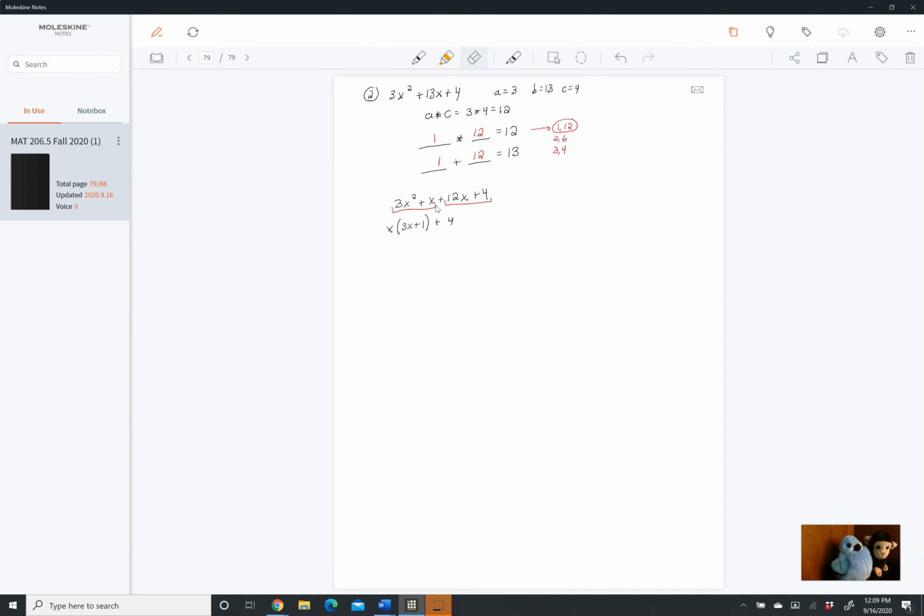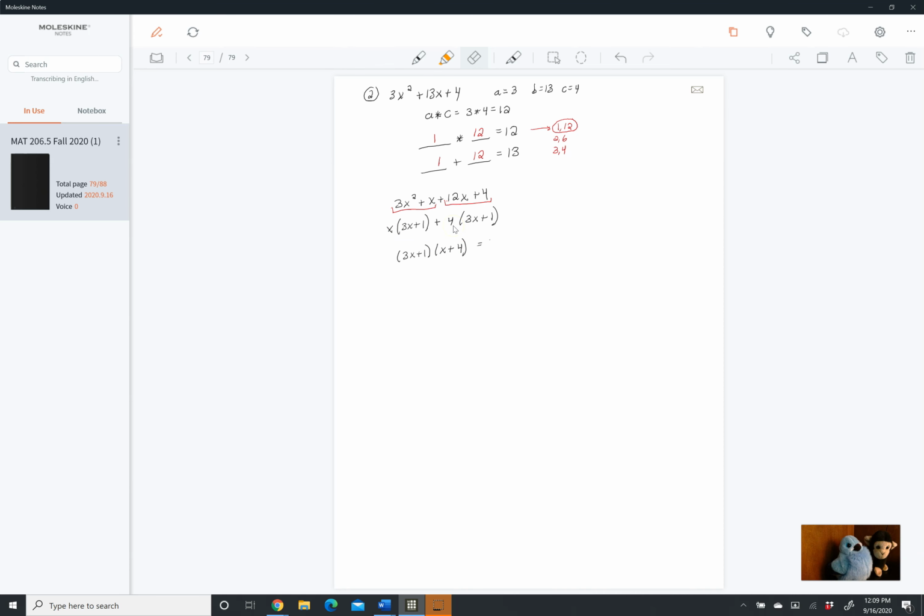So if we pull out a 4, we get 3x plus 1. Notice that these are the same. Again, if they're not the same, you did something wrong. You didn't pull out something correctly. So we could take out the 3x plus 1, and the only thing left is an x plus 4. So the x comes from here, the 4 comes from here.